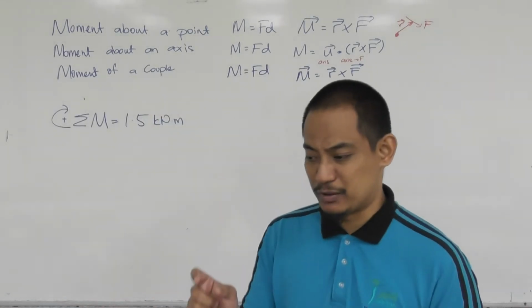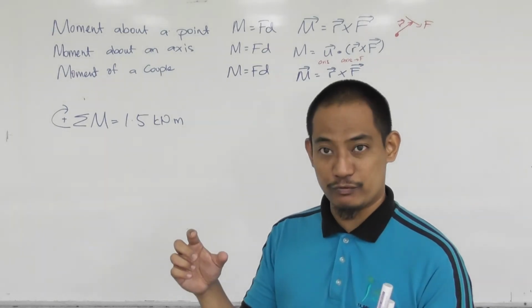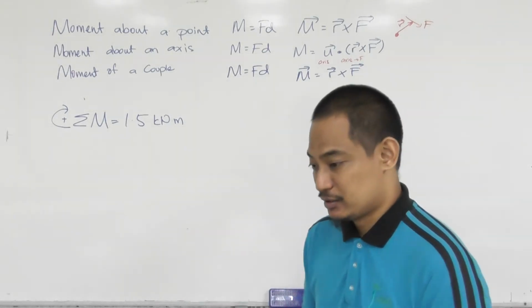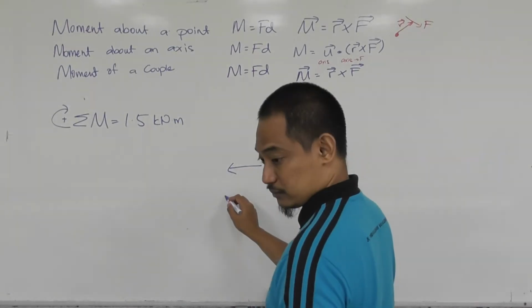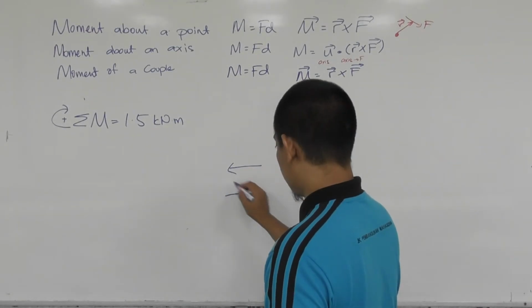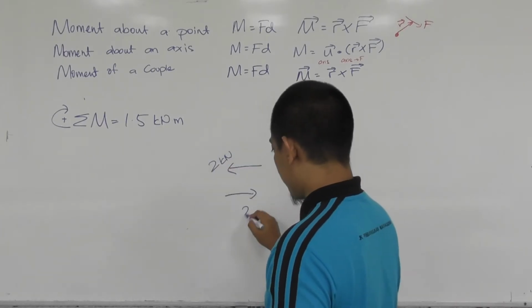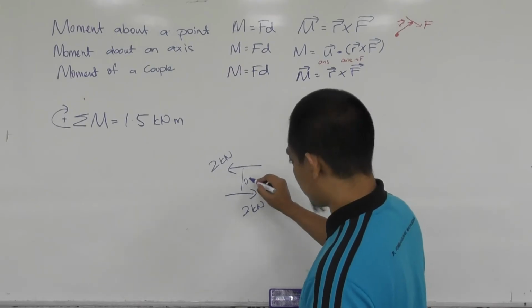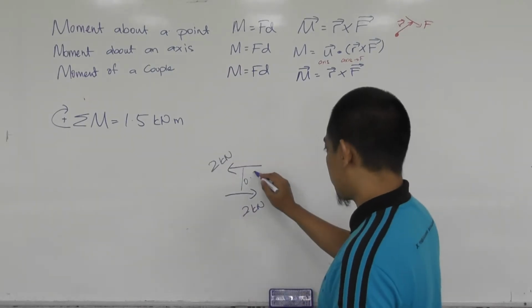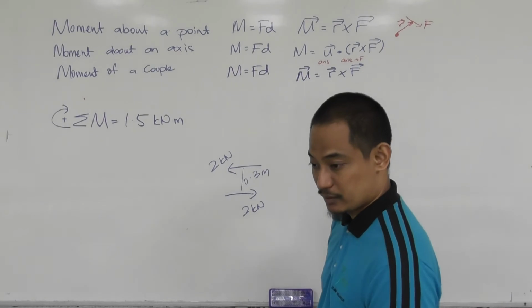So you should be able to isolate the two couples. We have one couple which is 2 kilonewton, with a distance of 0.3 meter, right?